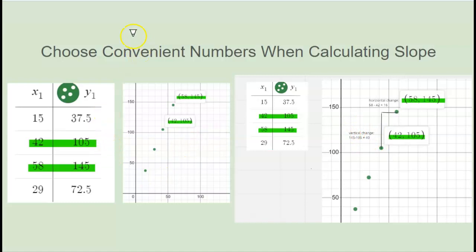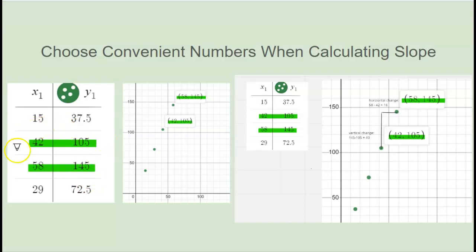Now, this slide is about choosing convenient numbers. If you look at these numbers, 37.5, 72.5, 145, 105, some people get a little bit nervous when they see decimals, and that's okay. But remember, if it's a linear relationship that has a constant, consistent slope, it doesn't matter which two points you choose when you're calculating slope.